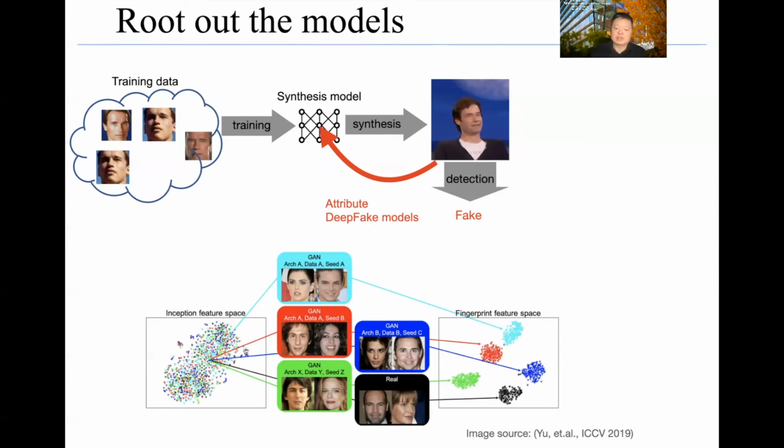And then in that space, we hope to group image features, sometimes known as model fingerprint features, to be close to each other when they come from the same generation model, and to differ when they come from different models. In other words, we want the fingerprint features to cluster for the same models.